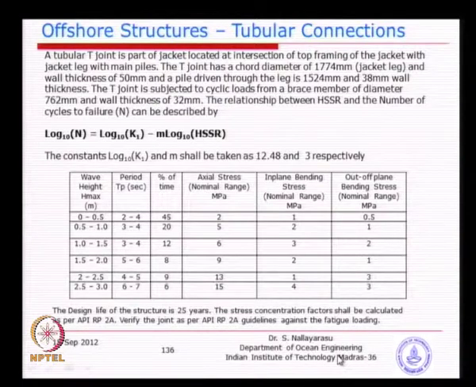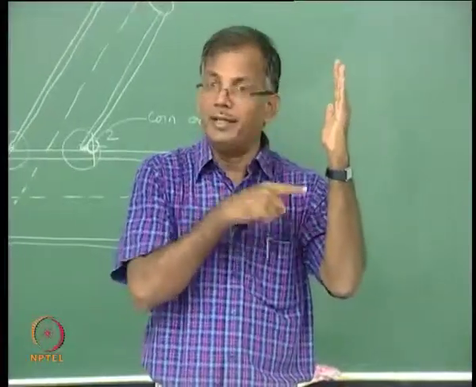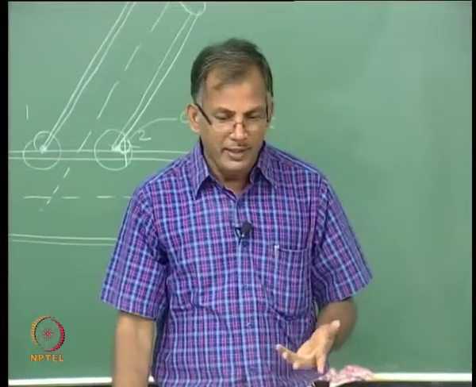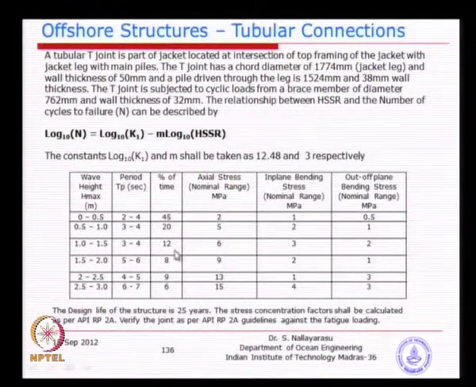So, that means you have a tubular joint, and applied stresses on a brace for different wave heights are given to you. You understand the idea, no? And wave period is given, and percentage of occurrence for each wave period and wave height is given. Now, you could calculate the number of cycles, because percentage of time is given, period is given.